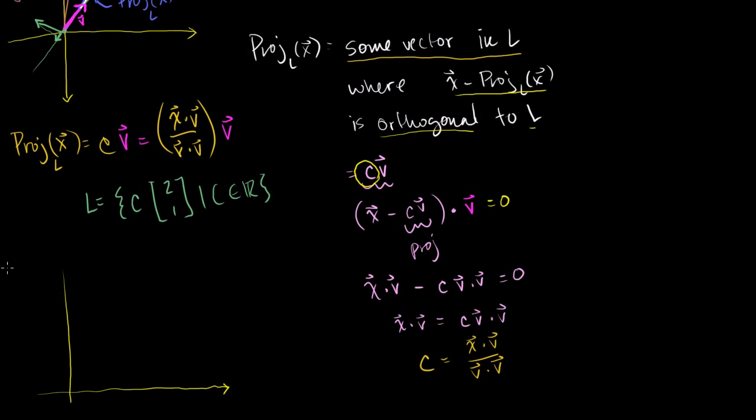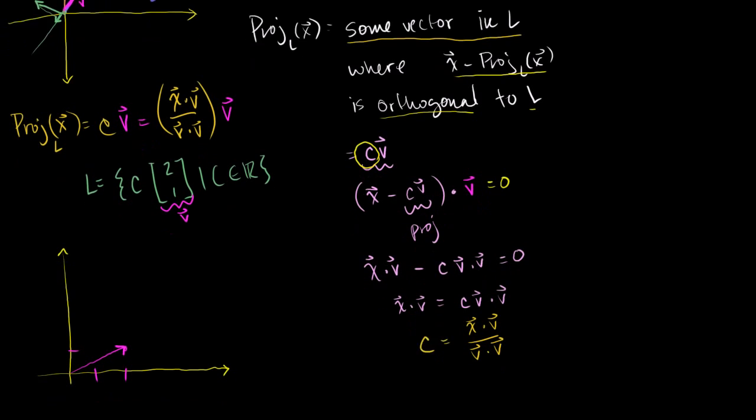This is my horizontal axis right there. And so my line is all the scalar multiples of the vector 2, 1. Let me call that right there the vector v. So let me draw that. So I go 2, go up 1. That right there is my vector v. And the line is all of the possible scalar multiples of that.